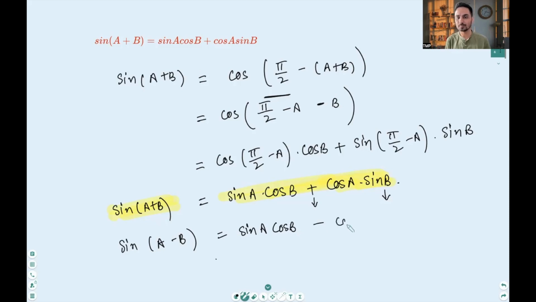So we'll have minus cos A sine B. So that gives you the formula for sine (A minus B) is equal to sine A cos B minus cos A sine B.